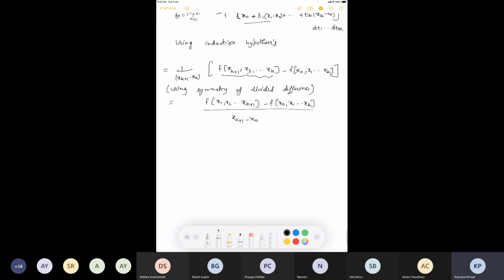Okay, and if you observe, this is nothing but the (k+1)th divided difference of f with these indices.